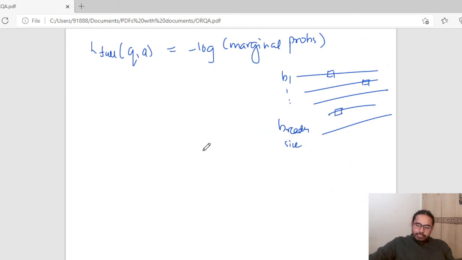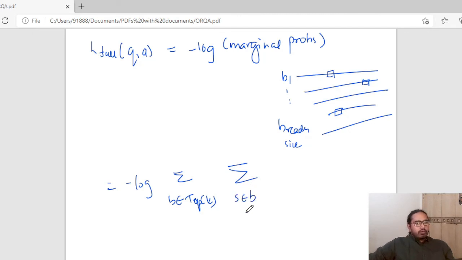So how do we write that? That comes out as minus log of the summation over B given top K, which is the reader beam size here, and summation over all the spans belonging to B where the text of the span, whose definition we discussed earlier, is equal to the answer.